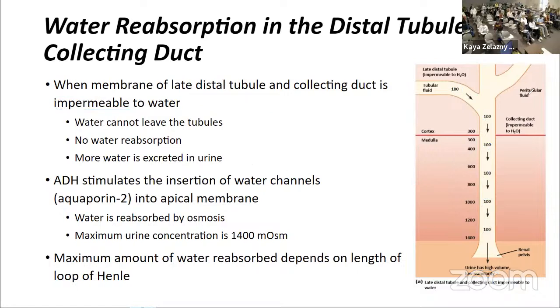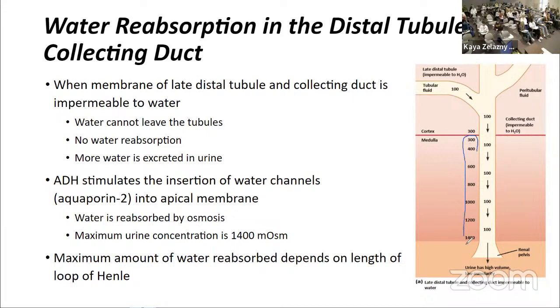And we have a different situation if we can transport water. The reason we would be able to transport water, do more reabsorption, is if we add in those water channels, if we add in aquaporin 2 on that apical membrane. Then we have tubular fluid on its way to become urine that's traveling through a very salty medulla, right?